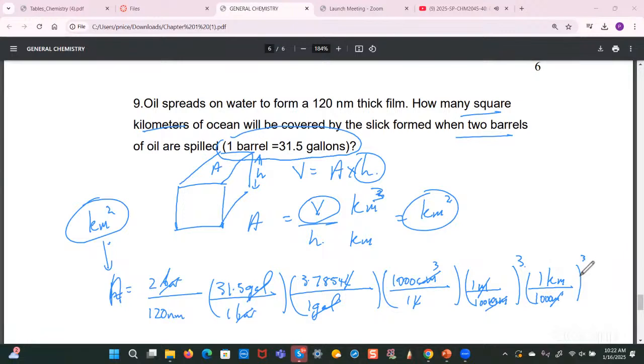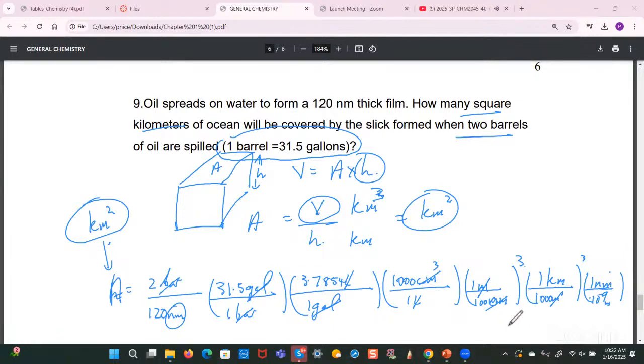And then we have to convert from, oh, this is going to be a long one. Let me see if I can squeeze at least one conversion factor here. We have to convert from nanometers to kilometers. So nano means 10 to the minus 9, by the way, if you look it up. So therefore we can put 1 nanometer here and 10 to the minus 9 meters here.